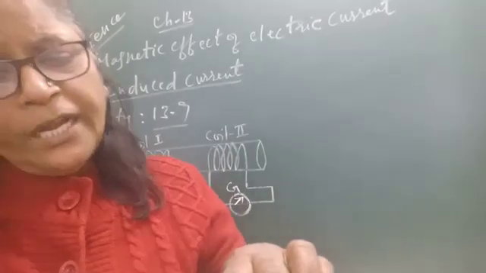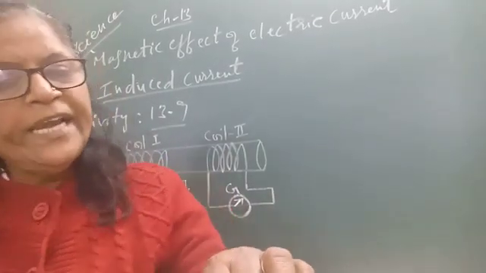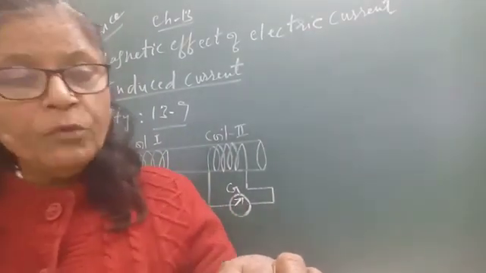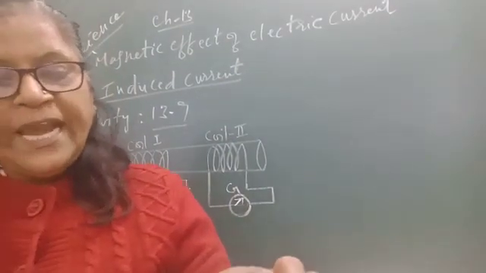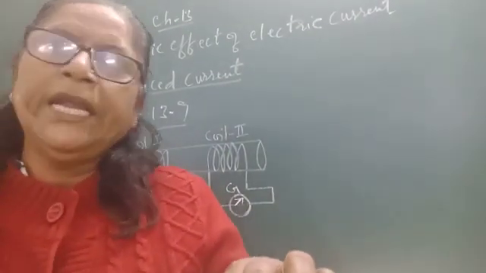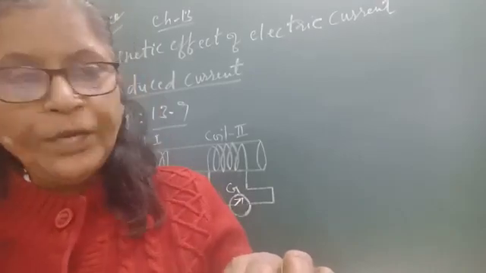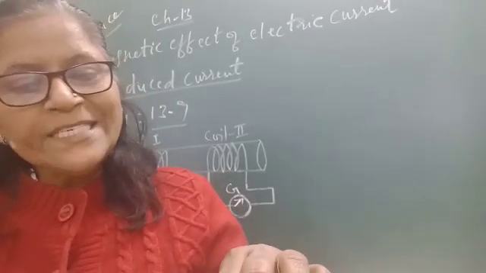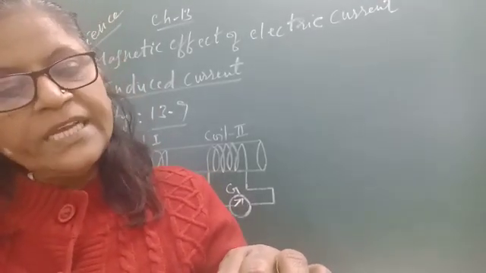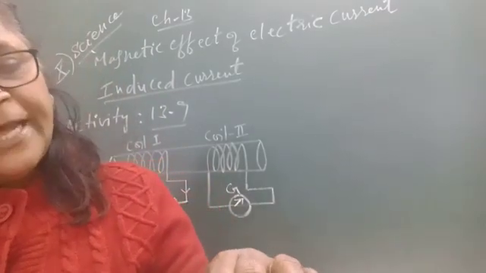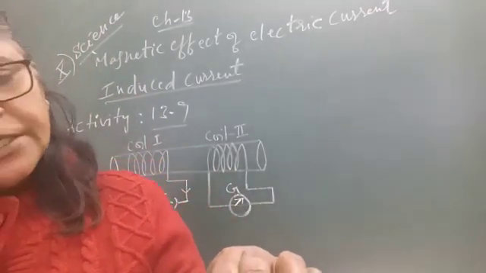The induced current is found to be the highest when the direction of motion of the coil is at right angle to the magnetic field, means both are perpendicular to each other. In this situation, we can use a simple rule to know the direction of the induced current.